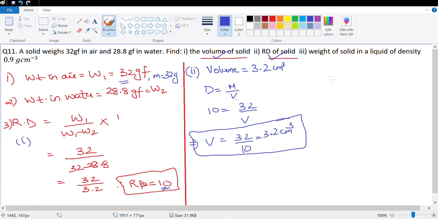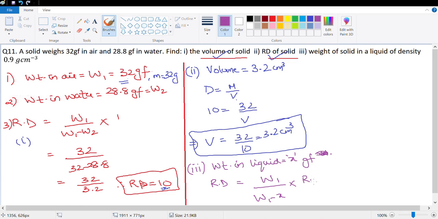Next, weight of solid in a liquid of density 0.9. So for part 3, we will use that formula again. Weight in liquid, let it be X gram force. So the formula is relative density of solid is equal to W1 upon W1 minus X multiplied with the relative density of liquid.